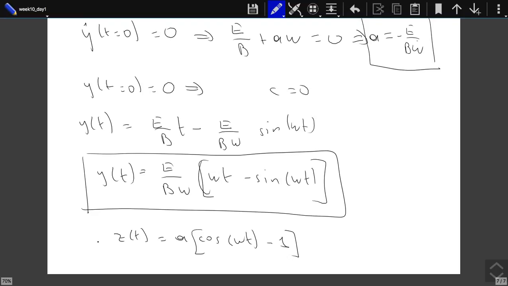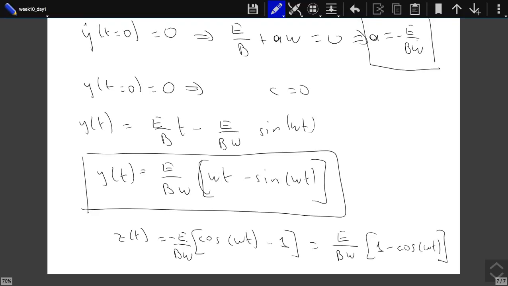Now, what kind of a motion is this? If you look at the z-coordinate, A we had already determined to be minus E over B omega. Is this a cycloid? Yes, this is E over B omega times 1 minus cosine omega t.